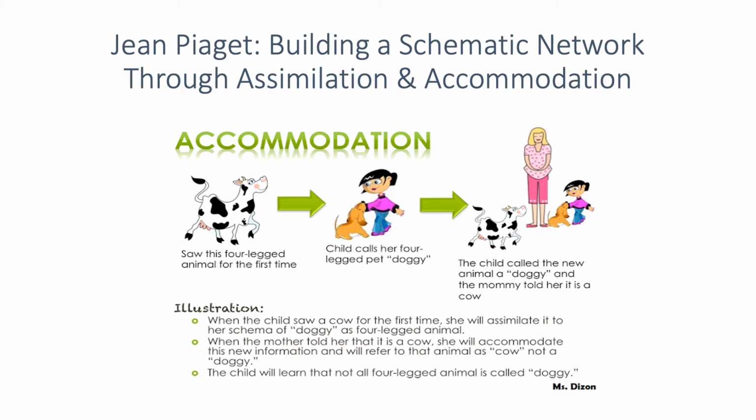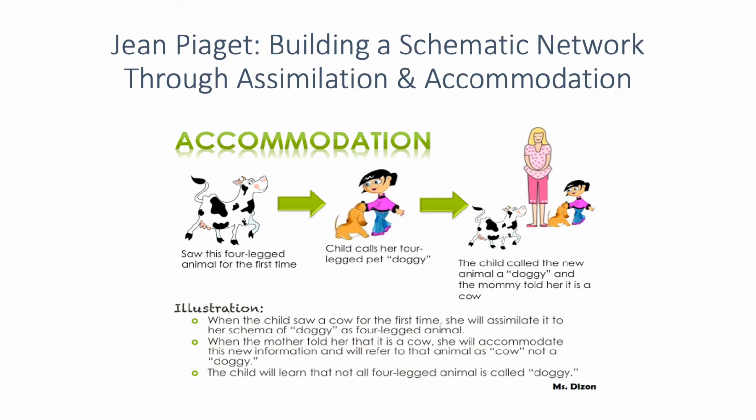So when they come in contact with another animal, the tendency will be to incorporate that new animal in with what they already know, which is doggy. So they tend to over-include that animal in the schema furry, four-legged, non-human, and that's why they would refer to it as doggy.